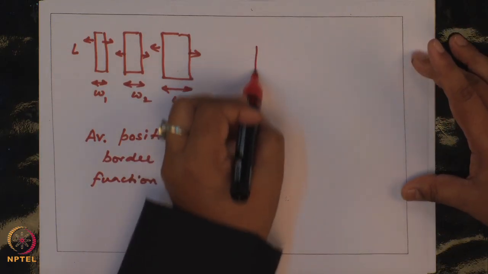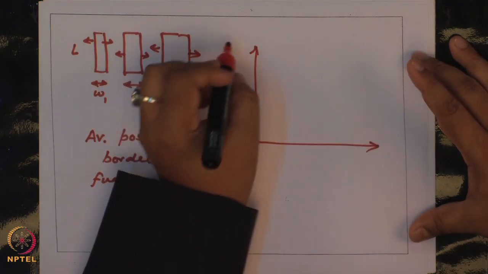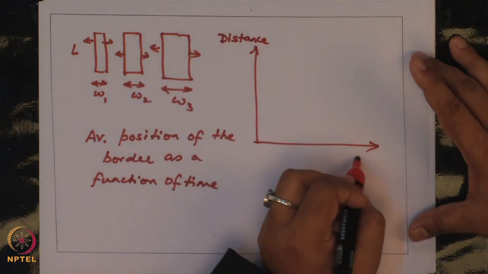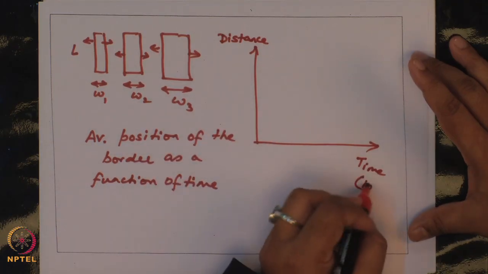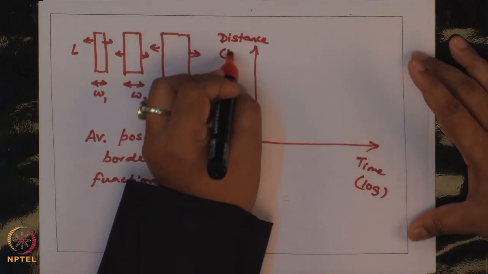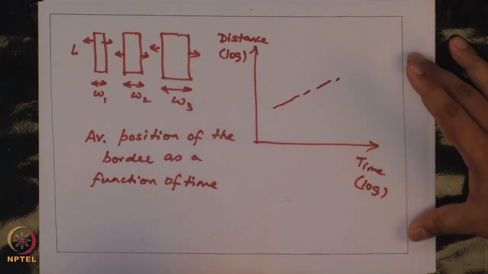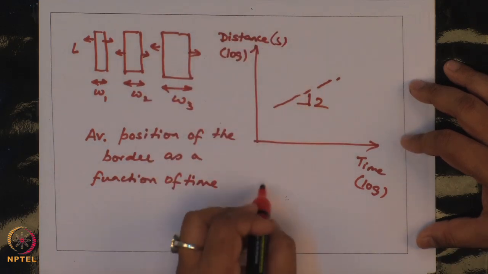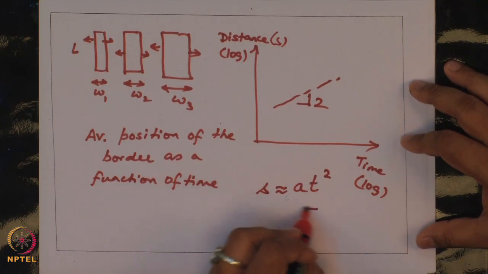Okay. So, what they found, okay, so let us say this is some distance moved, and this is time. So, when they plotted in log scale, they got these data which approximately had a slope of 2. Okay. So, which means that the distance, let us say S, is approximated by the expression a t square.